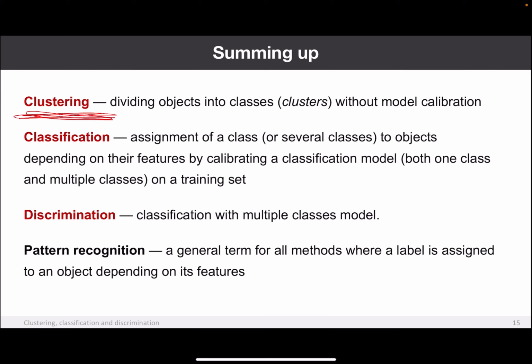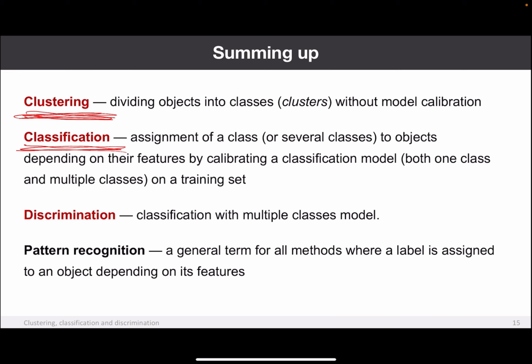Clustering is an unsupervised technique based simply on measuring similarity or dissimilarity between measurements. If we assign an observation to a certain class, that's what we call one-class classification. In this case, objects can belong to the class or not belong to it, and if you have several classes, they can belong to several classes as well, or they can be outliers, which means they do not belong to any class at all.